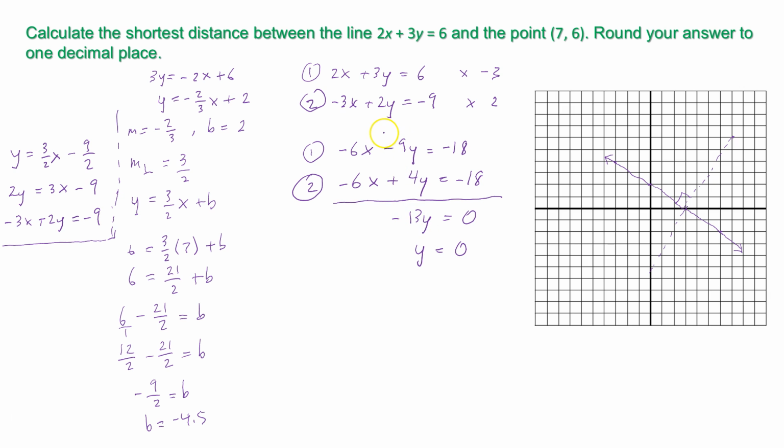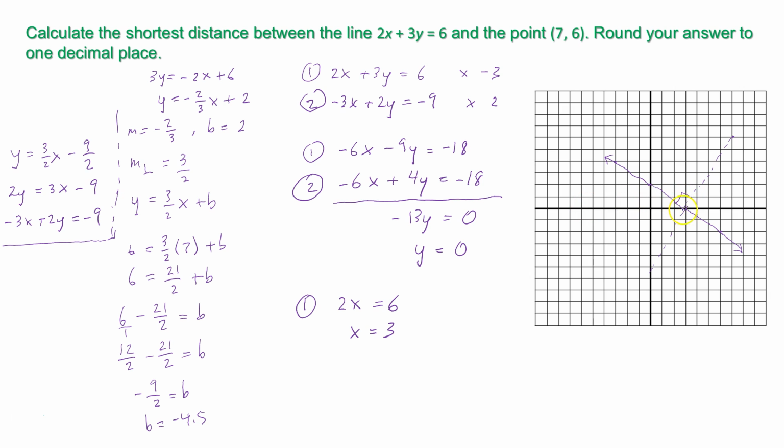So let's see what x would be then. Finding x, all I have to do is take the y that I found and substitute it into one of these equations. I'm going to take the first equation and substitute 0 in for y, which is going to give me 2x is equal to 6. So x is going to equal 3.